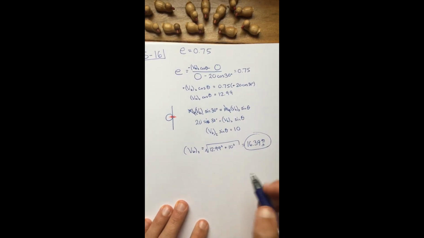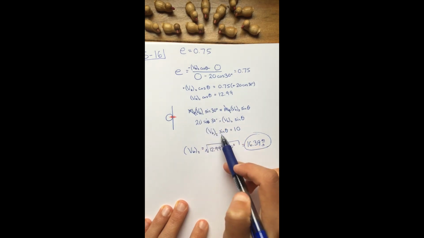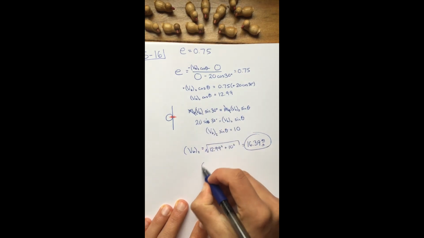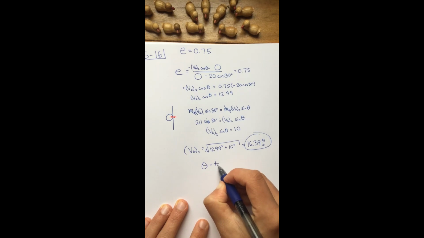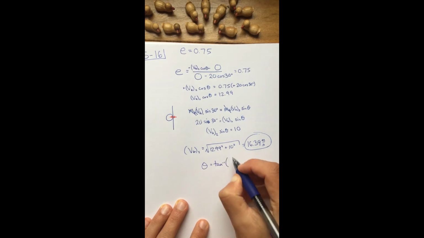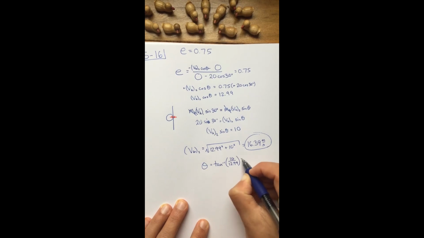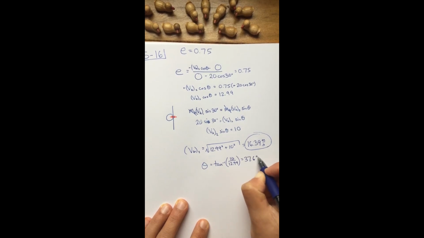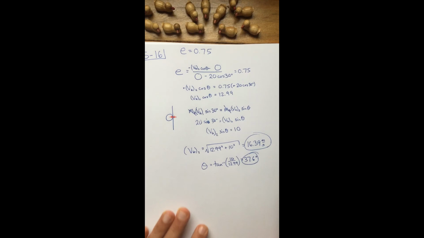And for the angle, this is the cosine component, this is the sine component. Or I can say if I want the angle, I take the inverse tangent of the y component, which is 10, over the x component, which is 12.99, and that gives me 37.6 degrees. So I have the magnitude and the direction for the velocity of the ball after the collision, and that concludes fundamental problem 15-16.